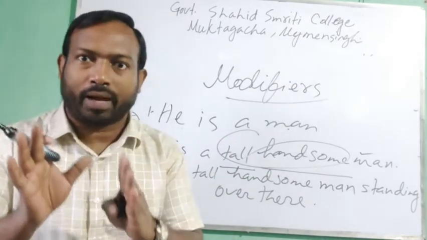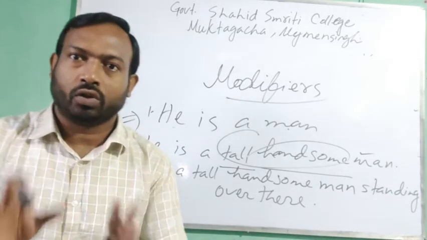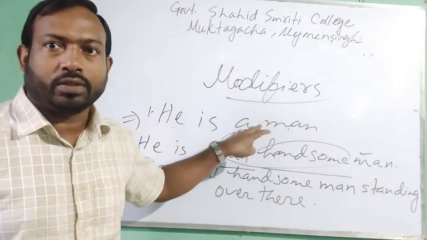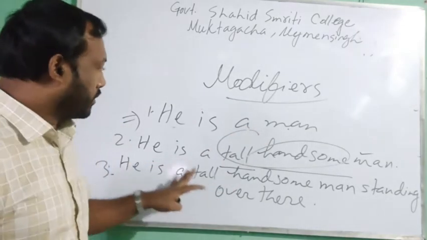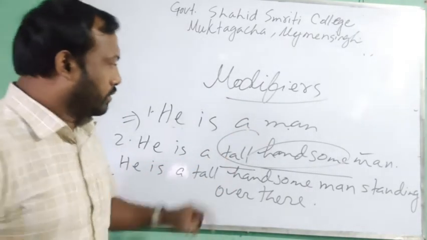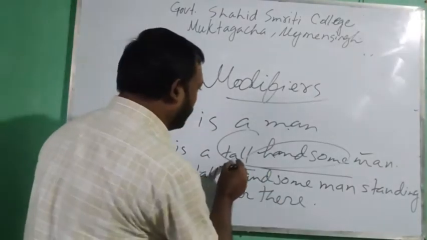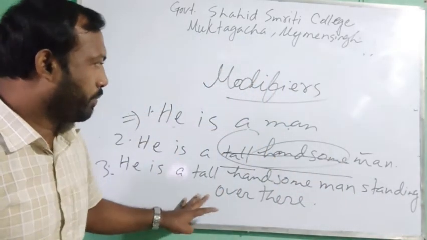So they have some other criteria too to understand whether something is a modifier or not. Look, in the first sentence, he is a man. The sentence is grammatically correct. In the second sentence, if we strike through "tall" and "handsome", the sentence is still grammatically correct.